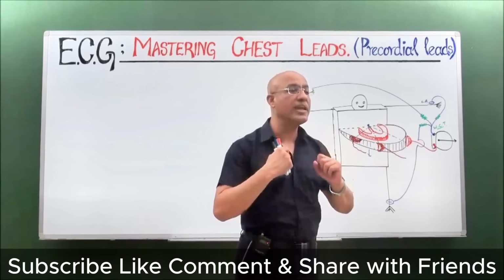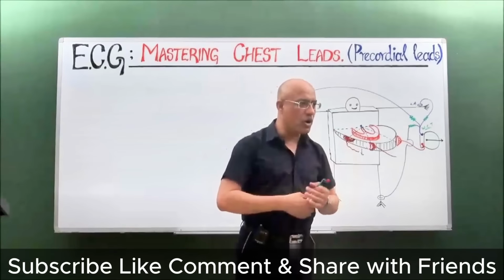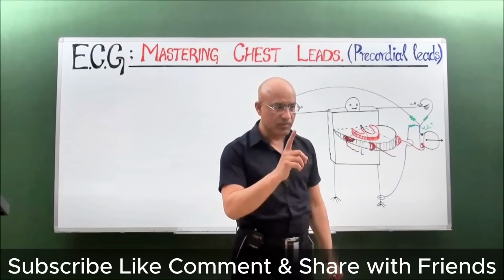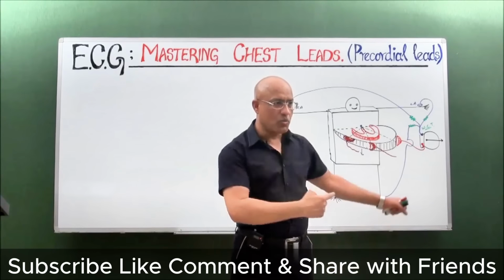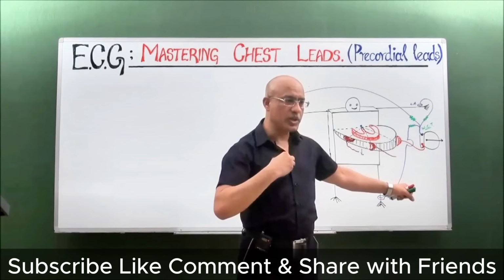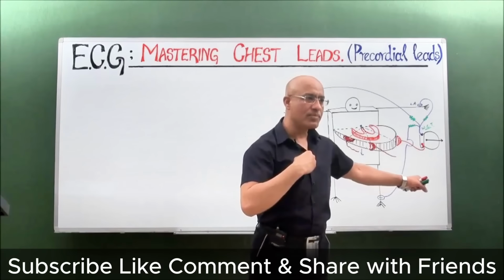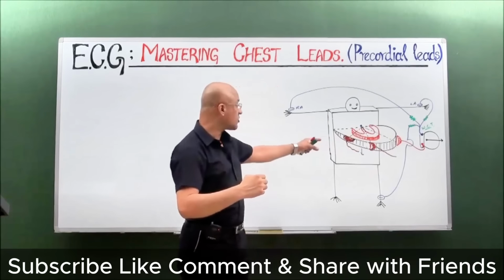Where do you place the exploring electrode? Remember, for all those 6 chest leads, the Wilson central terminal remains the same. You only change the position of the exploring electrode.